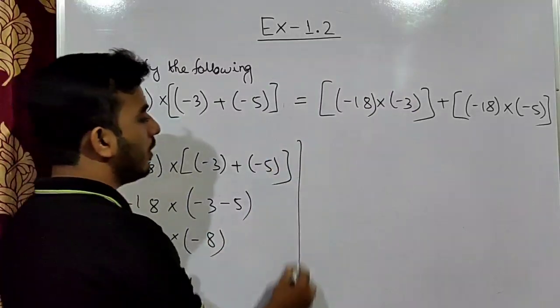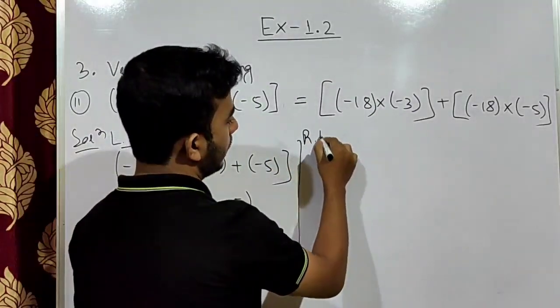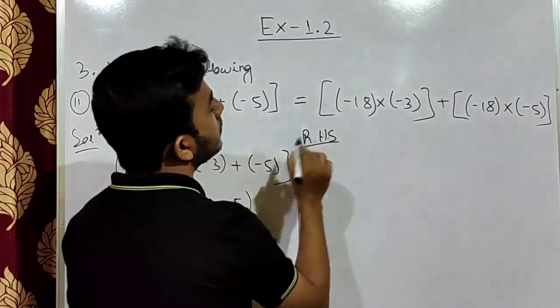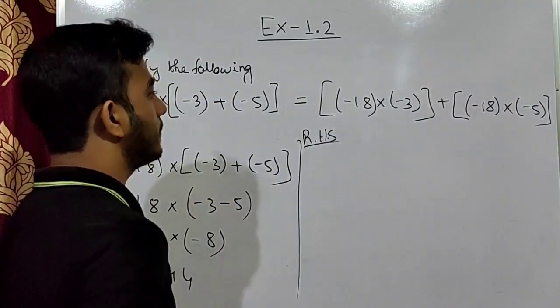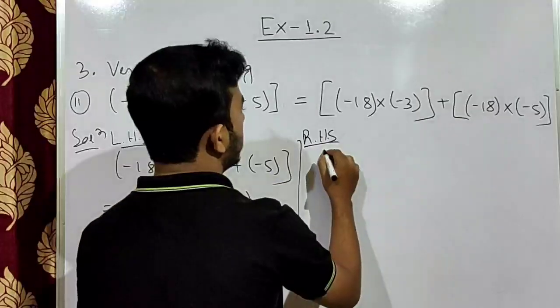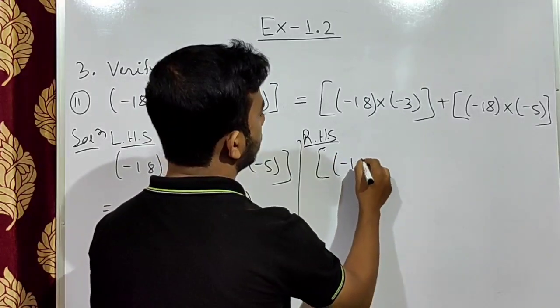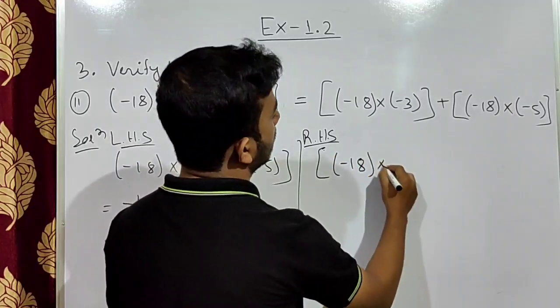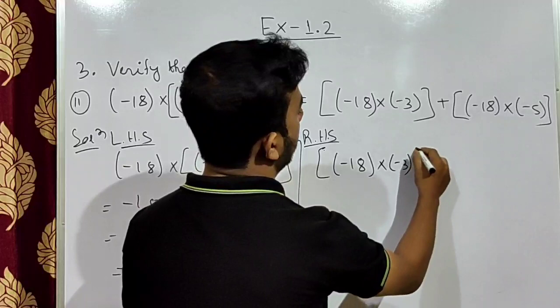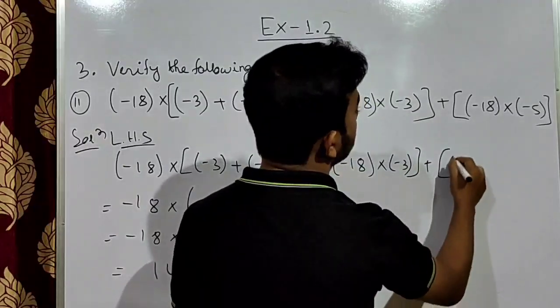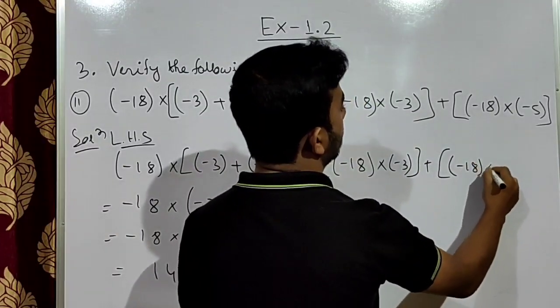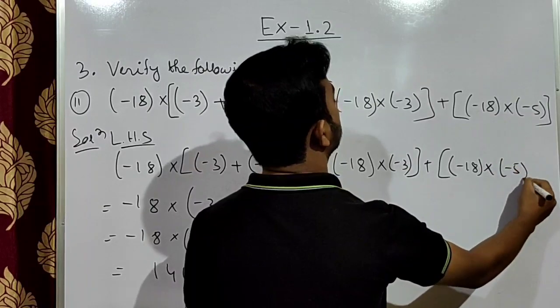Now let's find our RHS. Left hand side, right hand side. Our RHS is minus 18 into minus 3 plus minus 18 into minus 5.